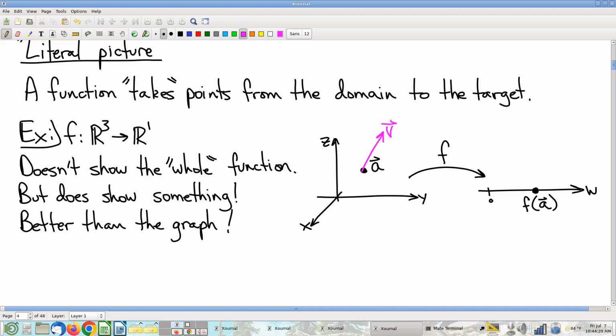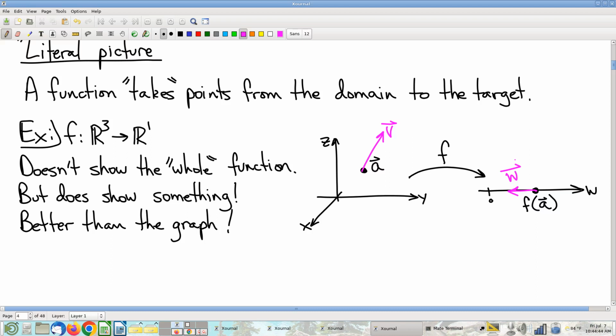Well, that input value A was supposed to stay put. If I start moving away from A at some velocity, the output value is not going to stay the same. The output value is going to also move. I don't know if it's going to increase or decrease, but that output will start moving also.